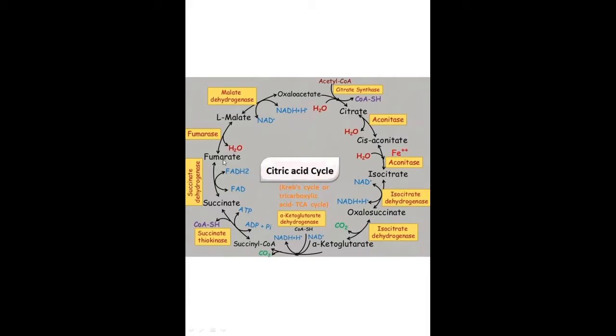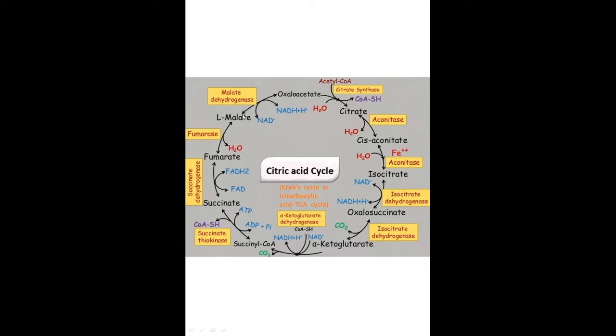In the next reaction, fumarate is converted to L-malate by fumarase. Fumarase is specific for L-malate. In the last reaction, L-malate is converted to oxaloacetate by malate dehydrogenase. NAD is converted to NADH.